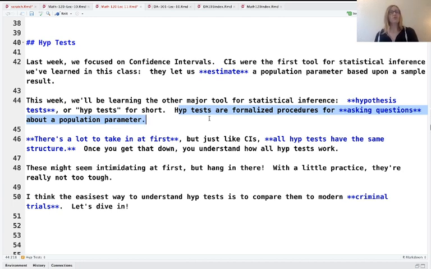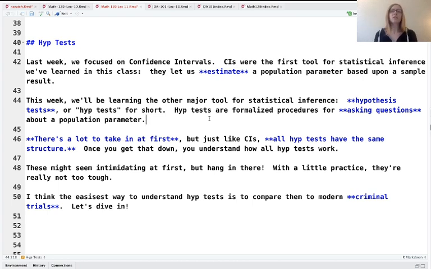Do we think this is true? Is there support for this claim? Are we justified in asserting blah? Hypothesis tests are the important tool for us to wonder, should we take action? Does it seem like there's evidence that something is going on here? What conclusion should we draw based on the sample result? And because of that, they're oftentimes the most important statistical tool that we use.